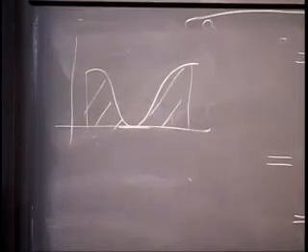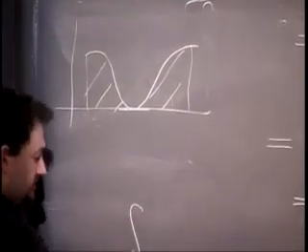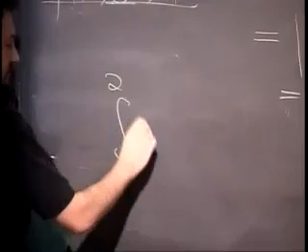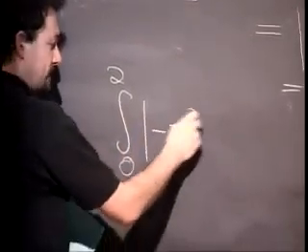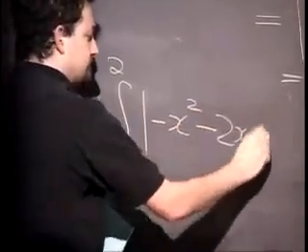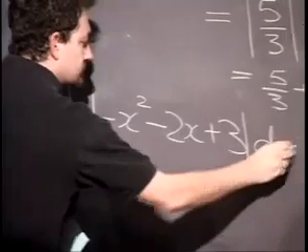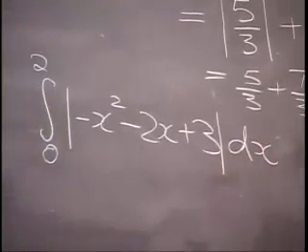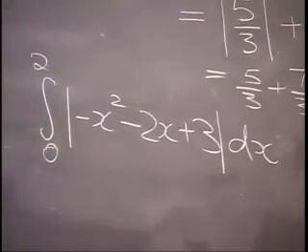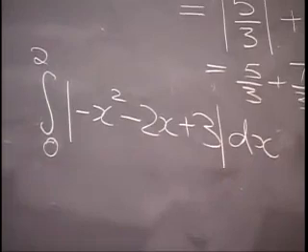Now, before I move on to something else, what is this integral? The absolute value of x squared minus 2x plus 3. Well, you should be careful when you see absolute values, right? They've always given us trouble.